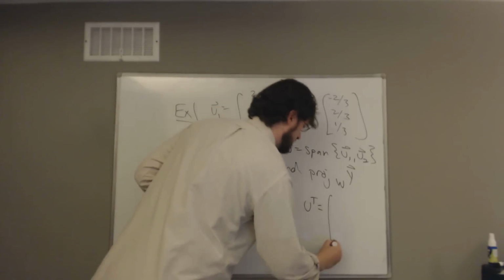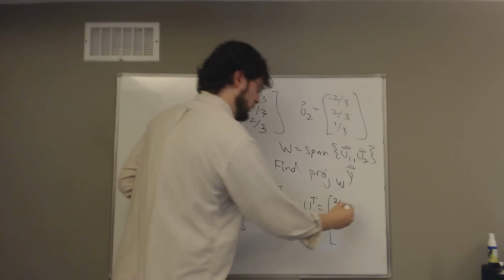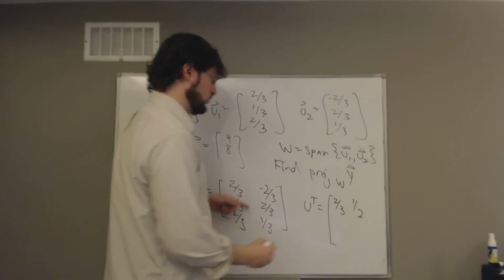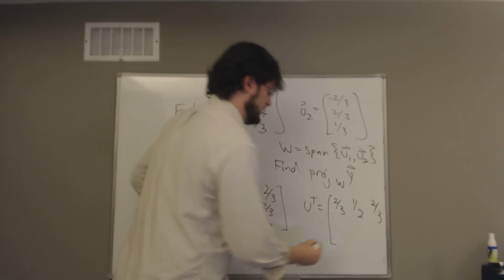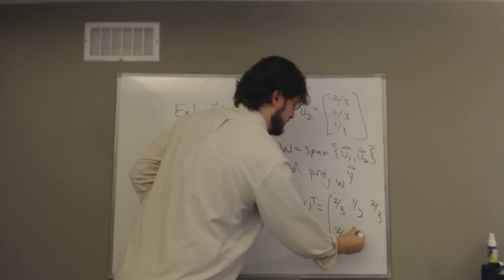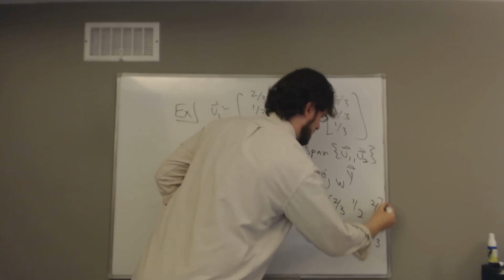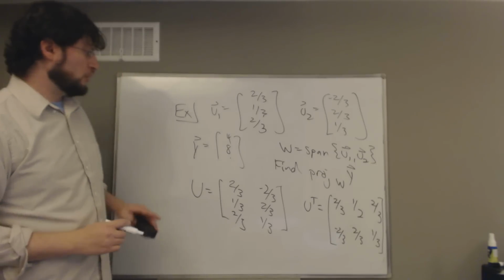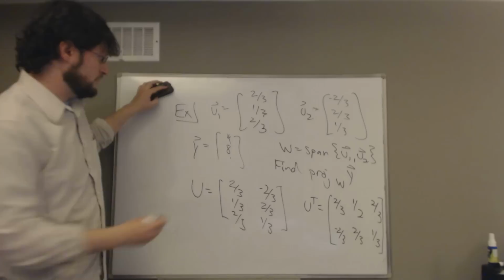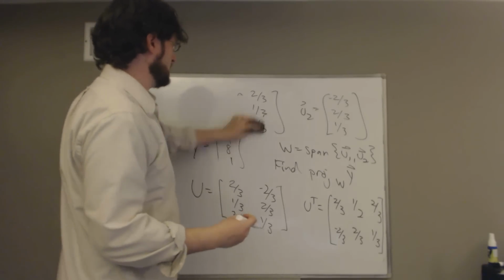So this becomes 2/3, 1/3, 2/3 going across, and then minus 2/3, 2/3, 1/3. So that's U transpose. Notice now that y was 4, 8, 1, let's save that.